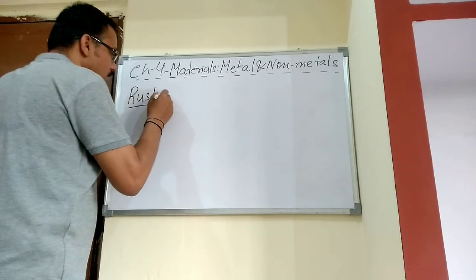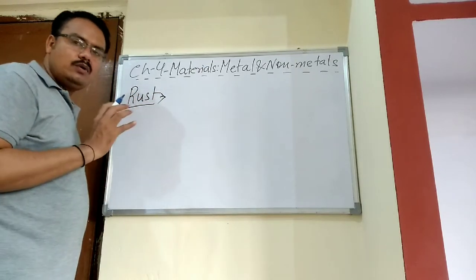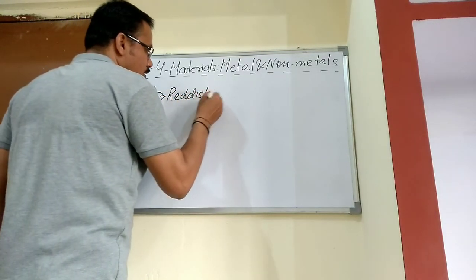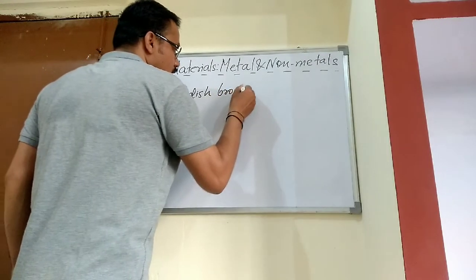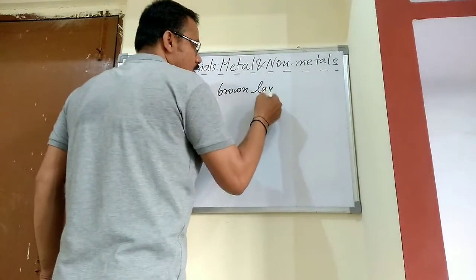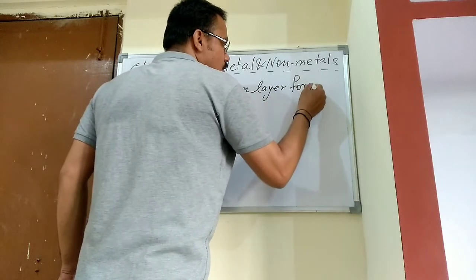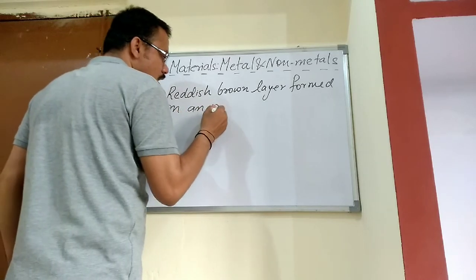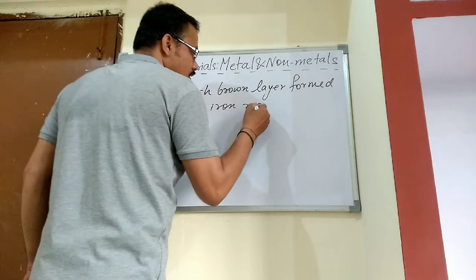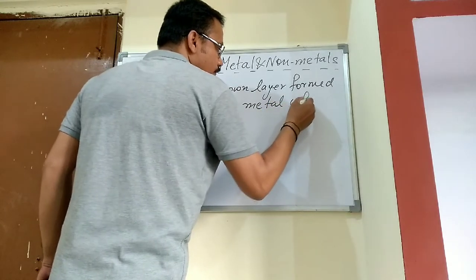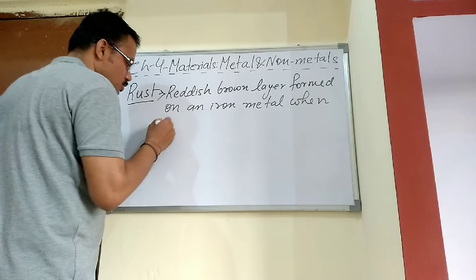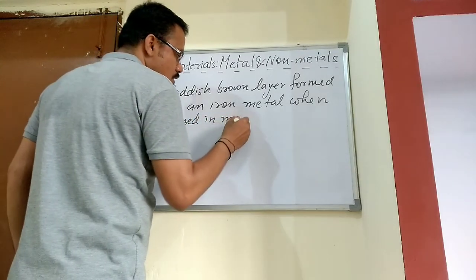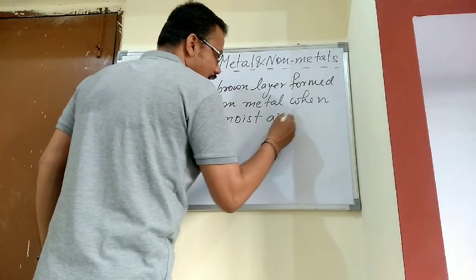Rust means the reddish brown layer formed on an iron metal when exposed to moist air.